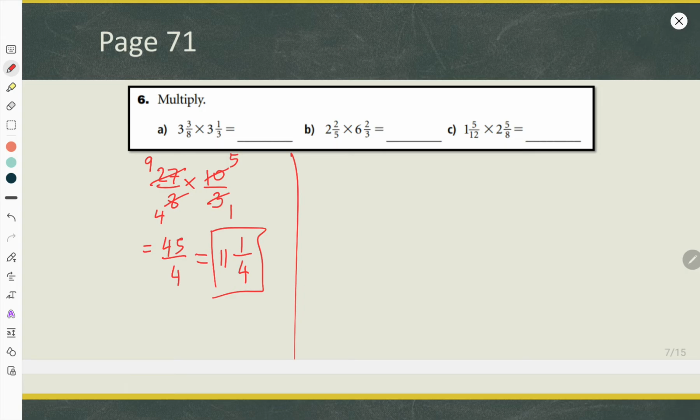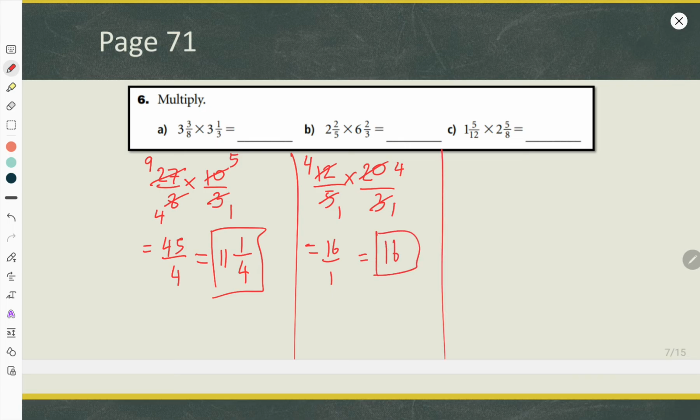Question B, guys. Let us do the same. Convert into improper fractions first. So we have 12 over 5 multiplied with 20 over 3. Simplify 1 and 4, 1 and 4, and 4 times 4 is 16 over 1, which is equal to 16. All right, guys, next one.